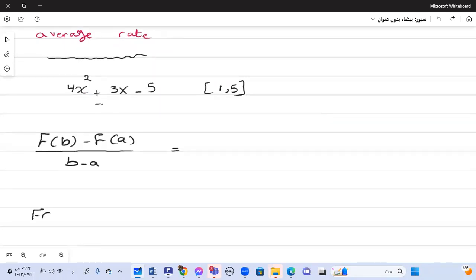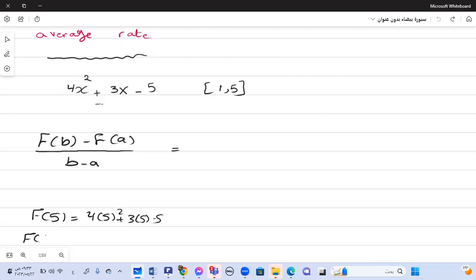F of 5, substitute F of 5 without finding the derivative. The mistake you made was finding the derivative. 4 times 25 plus 3 times 5 minus 5.